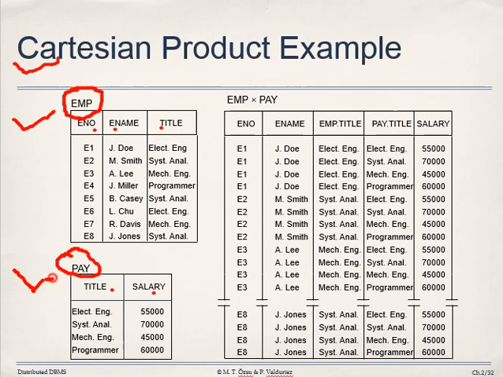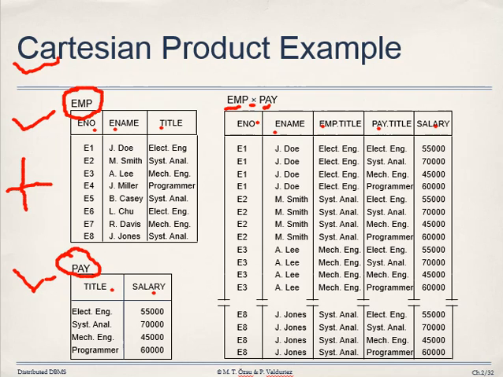For attributes we perform addition, so in the result table we should have 5 attributes. So let's start: employee Cartesian product pay. So 1, 2, 3, 4 and 5, a total of 5 attributes in our result table.